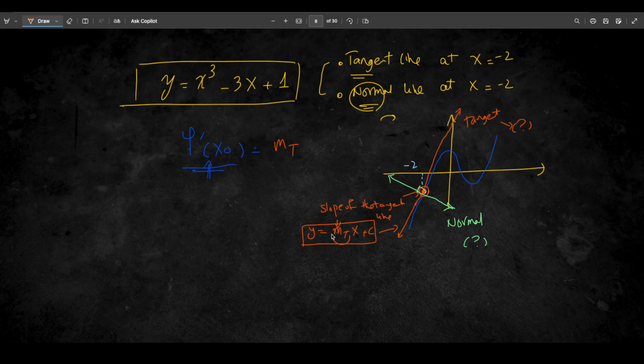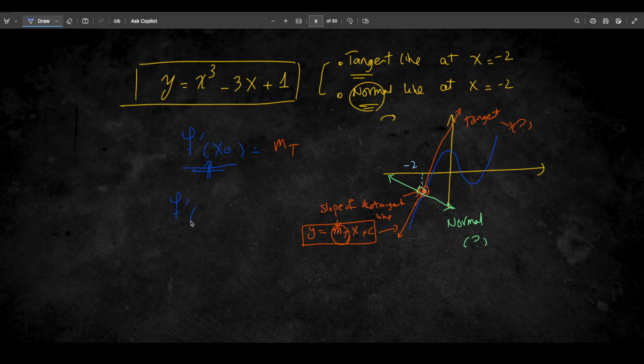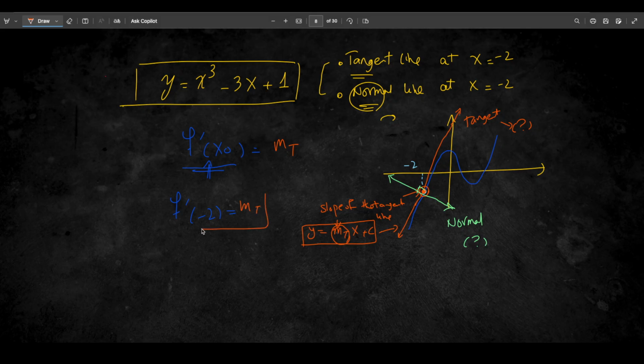The slope of this line equals the value of the derivative of the curve at x equals minus 2. So let me rewrite the equation. F prime at point minus 2 equals the slope of the tangent line. This is the key formula that you need to use.